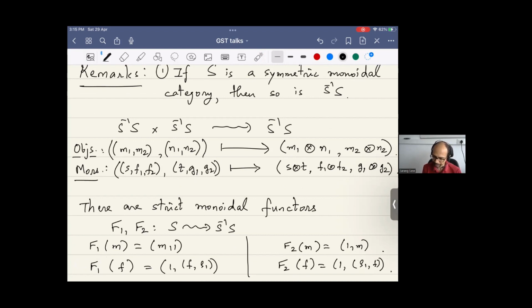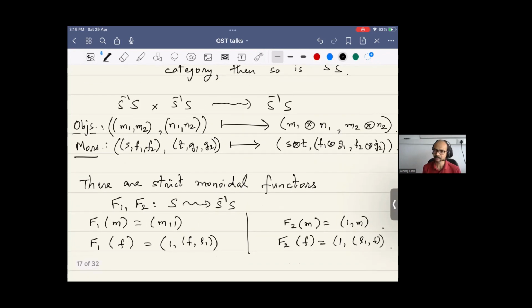This also goes coordinate wise. So it goes to S tensor T comma, and I need a bracket here, sorry, this should be F1 tensor G1 and F2 tensor G2. Right. So it goes to this, and then you have to check it's a functor, etc.